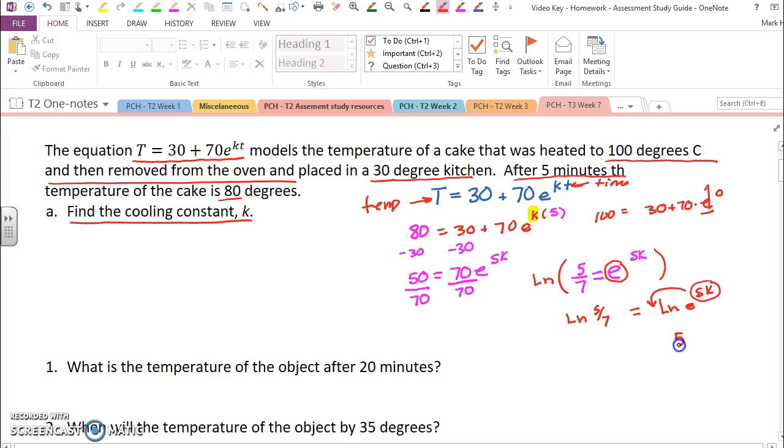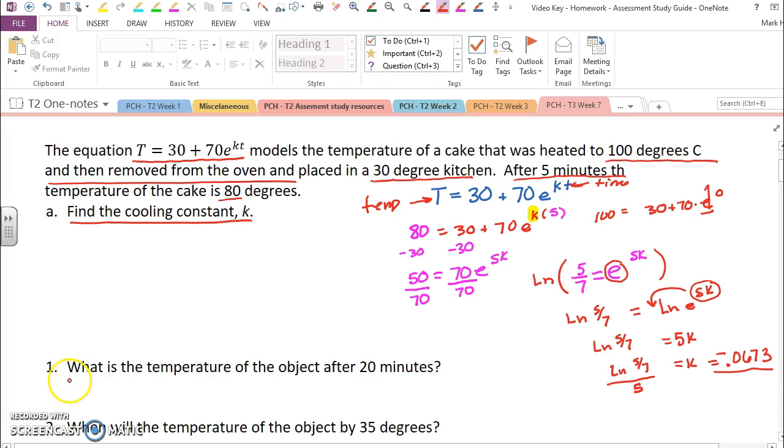So we really have 5K equals ln of 5/7, or K equals ln of 5/7 divided by 5. As a decimal, that turns out to be negative 0.0673. The negative makes sense because we're cooling, or our exponential function is decaying.